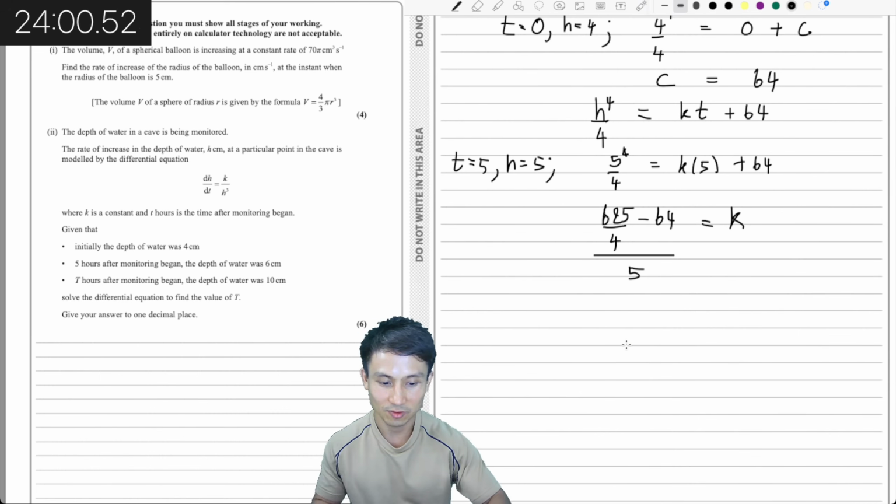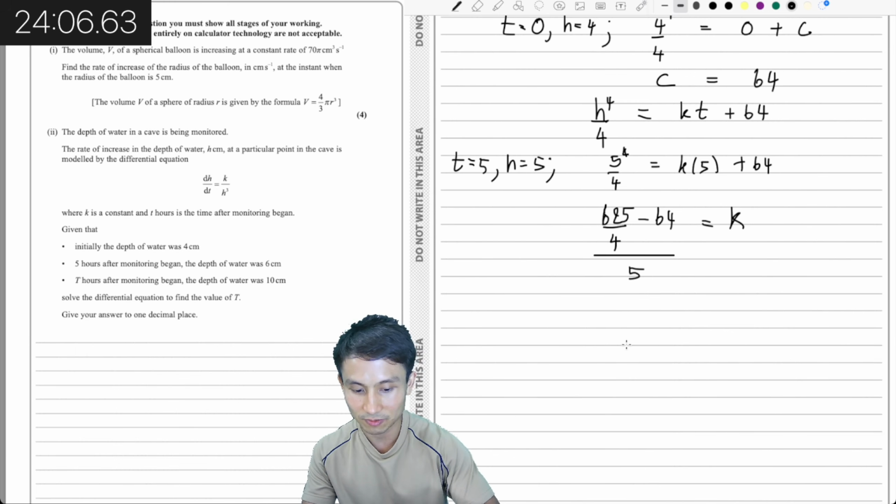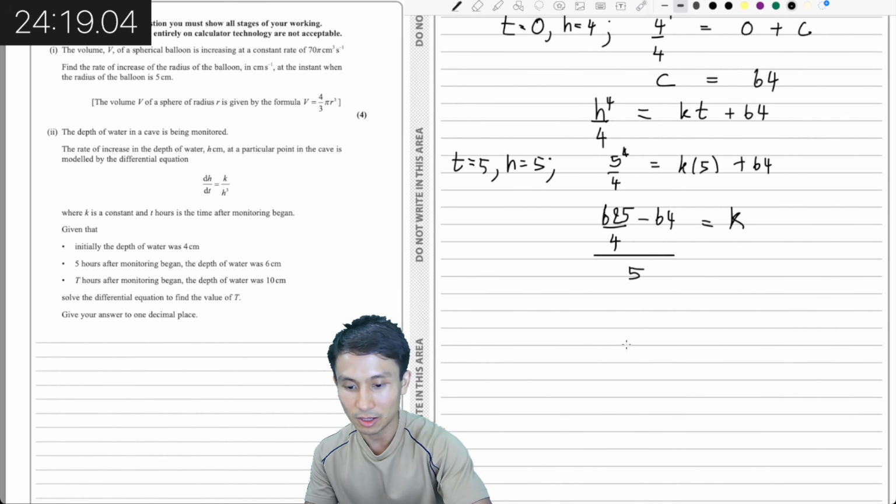Okay, so let's just put that in a calculator. Oh, hang on. Okay, so 625 divided by 4, and then I'm just trying to get the calculator to work here.